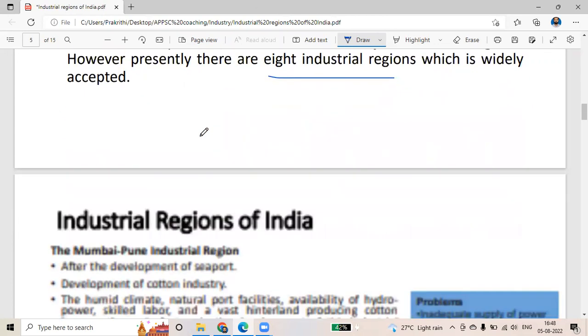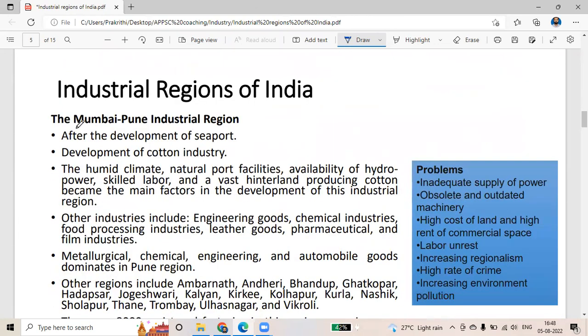The first one is the Mumbai-Pune industrial region. In Mumbai-Pune, we know there is cotton cultivation in the Deccan region, with black cotton soil in that area. The Mumbai-Pune region's origin mainly started because of this cotton cultivation, so it began as an agro-based industry.